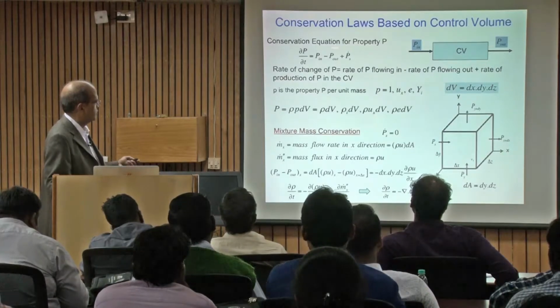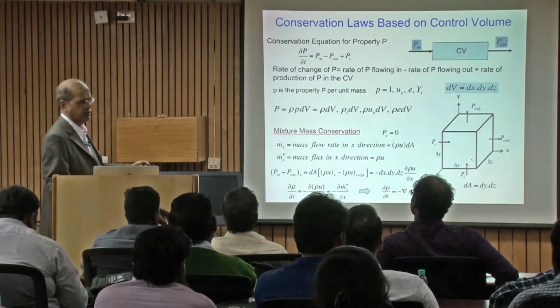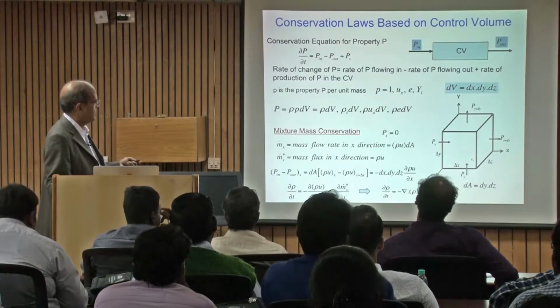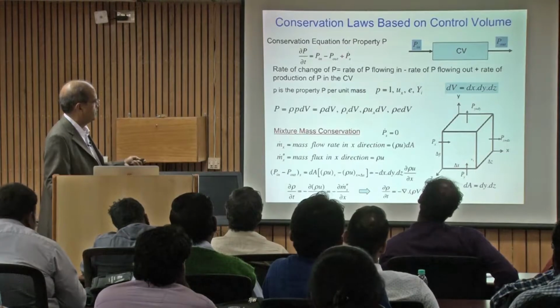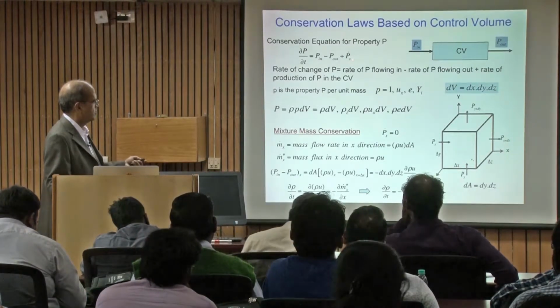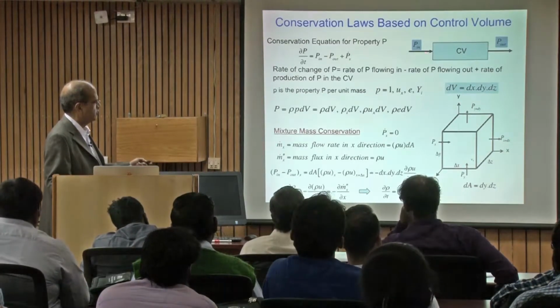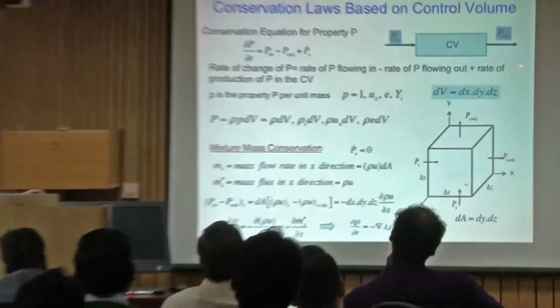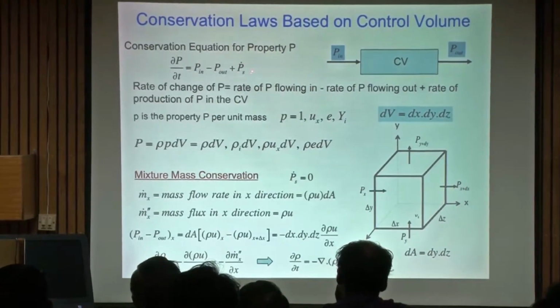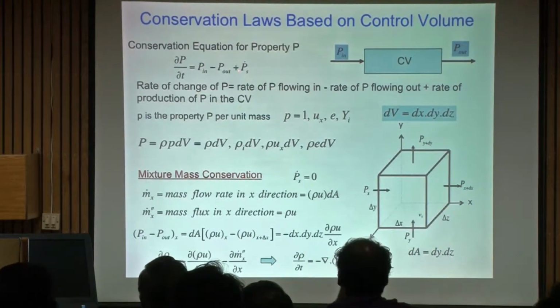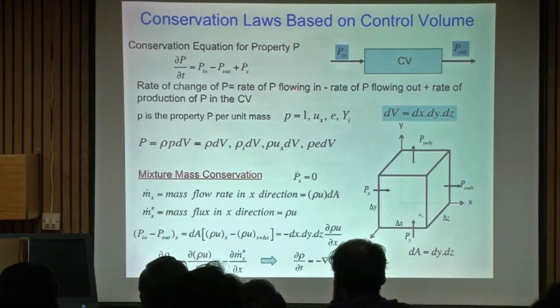So property value can change due to the flow. And then if there is any source term in the control volume, this may be due to reactions. It can also be due to the forces for momentum. So there will be different sources for this term. So the rate of change of P equals rate of P flowing in minus rate flowing out, plus rate of production or rate of destruction of P in the control volume.